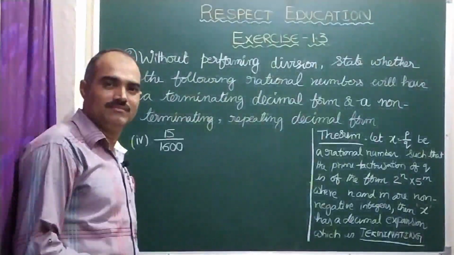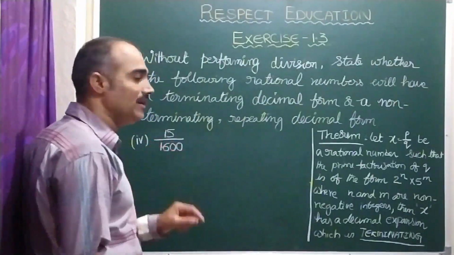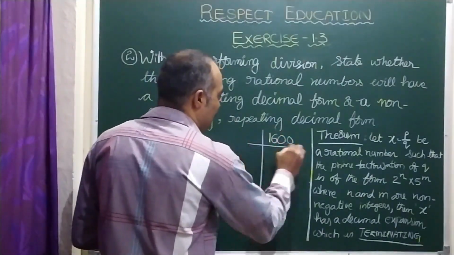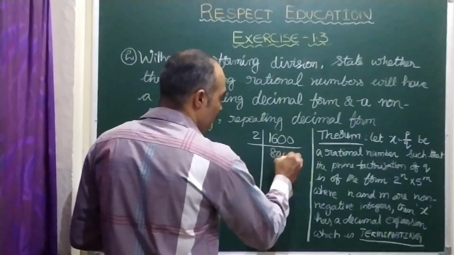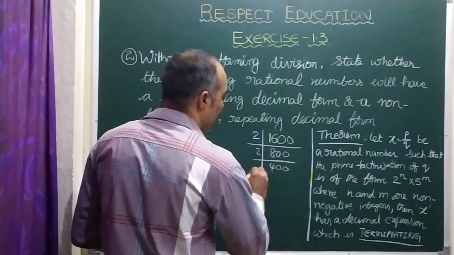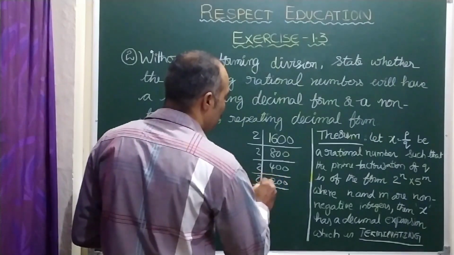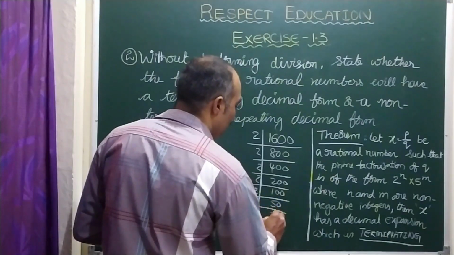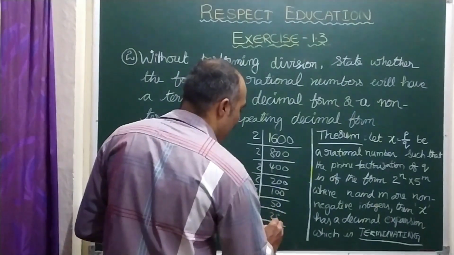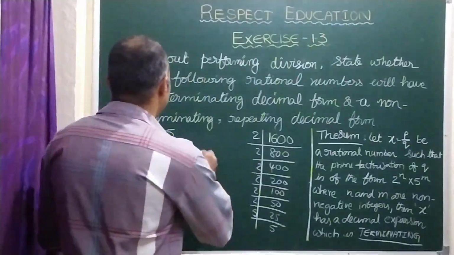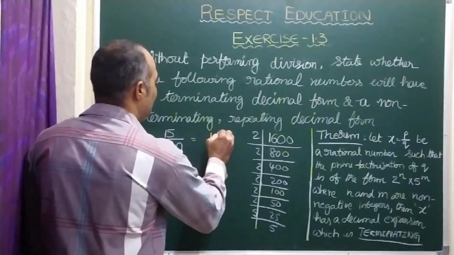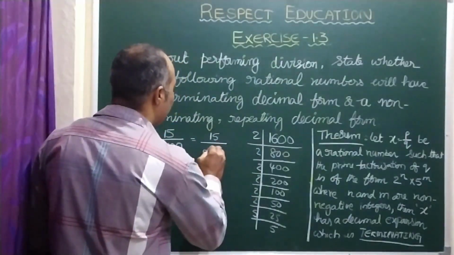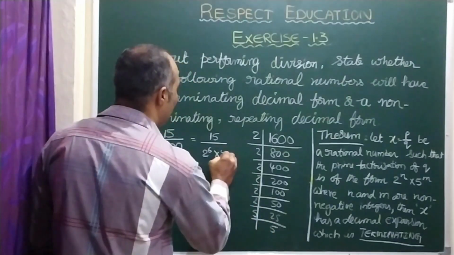That's all, children. Now let us do the next bit, that is the fourth bit, 15 by 1600. So here let us take q, that is 1600. Let us do the prime factorization: with 2, 800; with 2, 400; with 2, 200; with 2, 100; with 2, 50; with 2, 25; with 5, 5, right? So here let us write 15 as it is. Here you see 2 power 6, and 5 into 5, so 5 square.